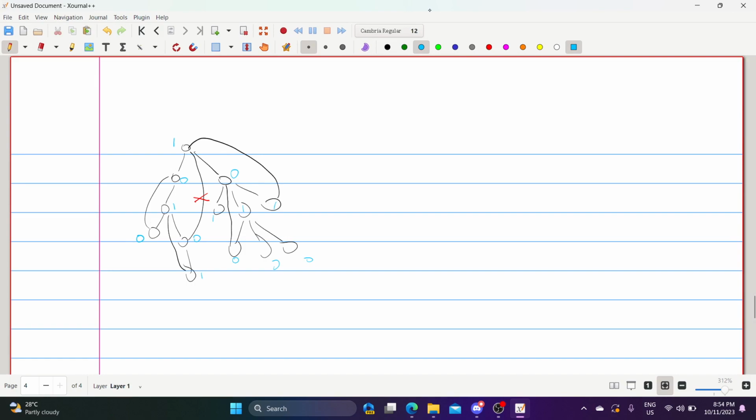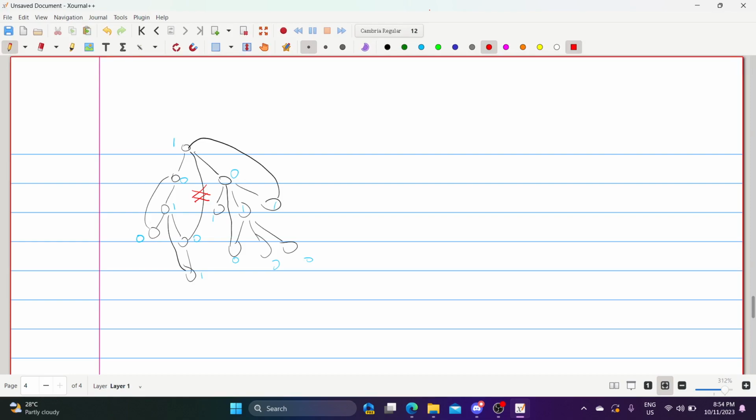Then after that, you observe that if you remove a back edge, the coloring remains the same because the coloring is only using the tree edges. So if you remove the tree edge, the only thing that changes is that if the tree edge was a back edge, now it doesn't exist anymore, so it won't be bad.